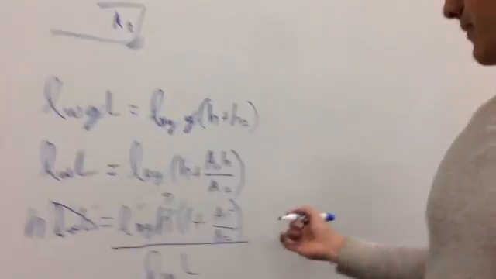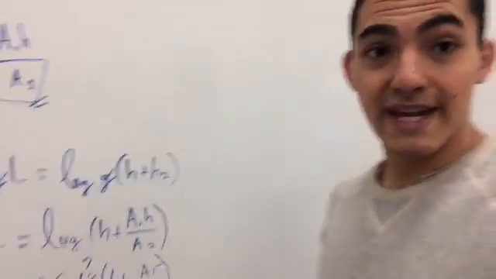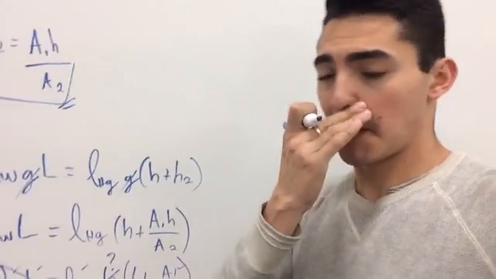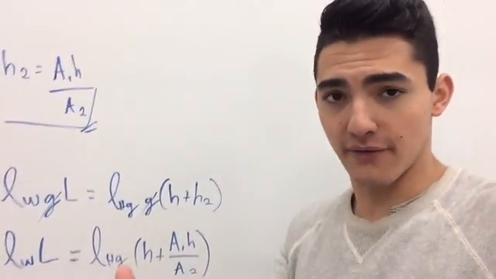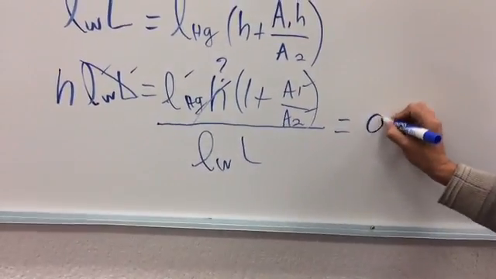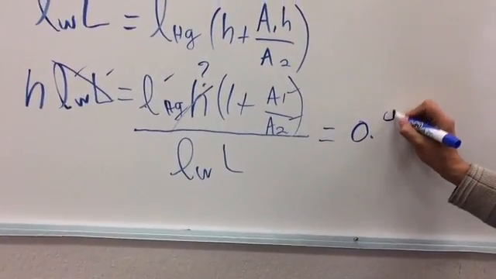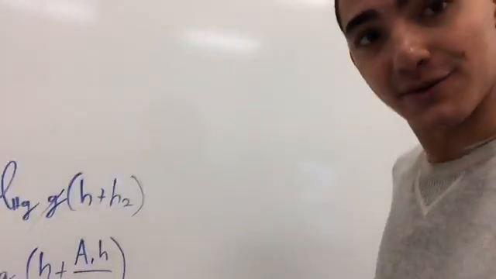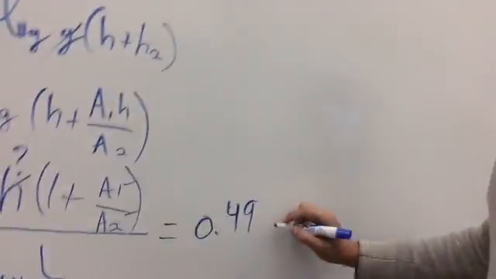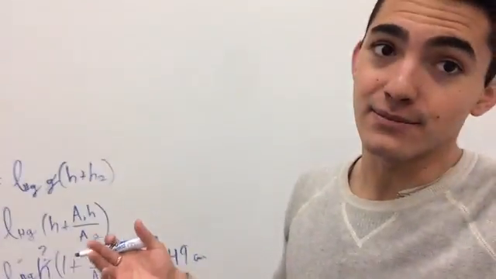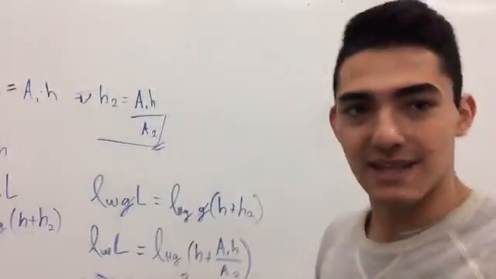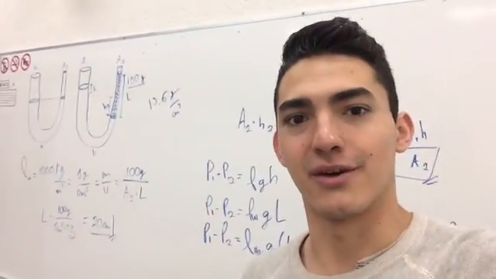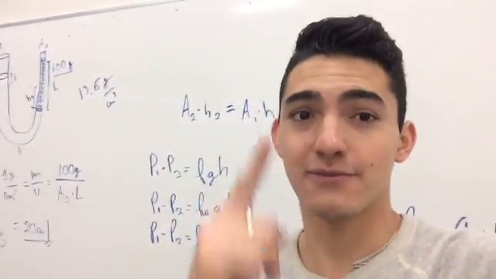Once we substitute our values, the result of the equation is that the height equals 0.49 centimeters. Okay? And as we can see, we have both results. So that is the end of the first quiz from Unit 1.